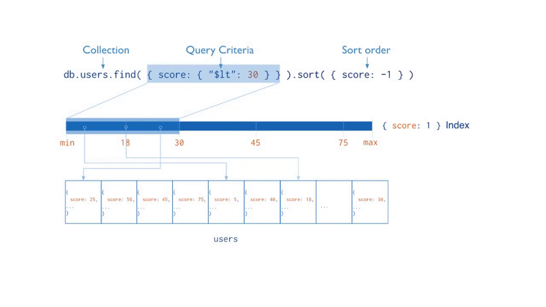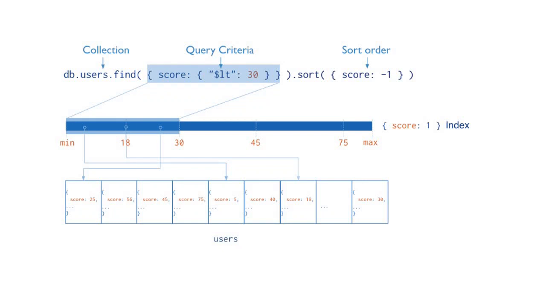Now if the query criteria is less than 30, then all the documents with scores below 30 can be selected and shown. Actually the documents are stored randomly as they came: the score is 25, then 56, then 45, then 75. But now, as the indexing is done, they are stored in ascending order.